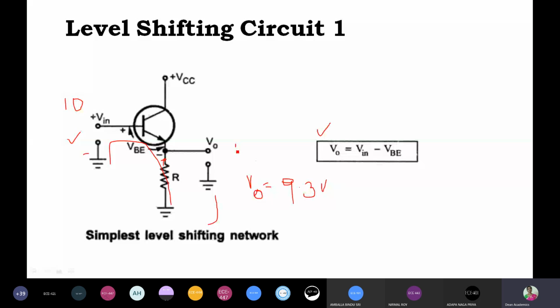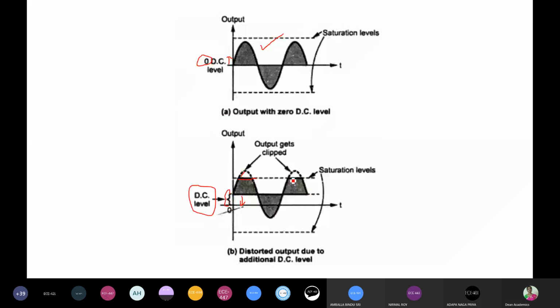We are able to reduce the DC level to some extent. Actually, our aim is that this V0, the DC level at the output, should be 0.